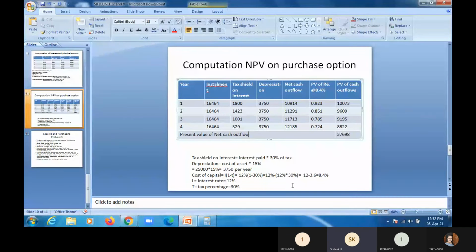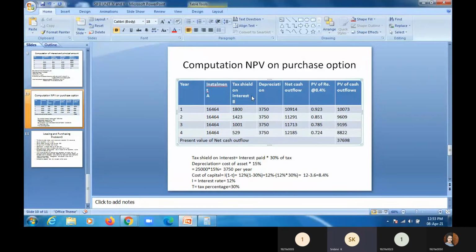In the same manner, you have to calculate for the leasing option also. What is the net cash outflow? So here, how you got it? You give the column names here. A, tax shield will be the B column, and depreciation, take it as a C column.